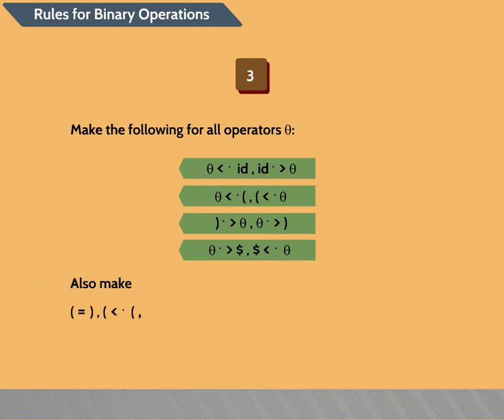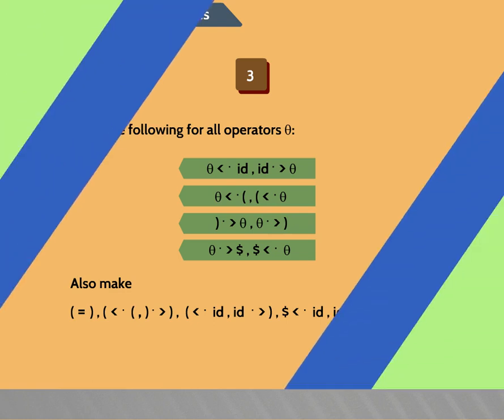Also make ( ≐ ), ( ⋖ (, ) ⋗ ), ( ⋖ id, id ⋗ ), $ ⋖ id, id ⋗ $, $ ⋖ (, ) ⋗ $.